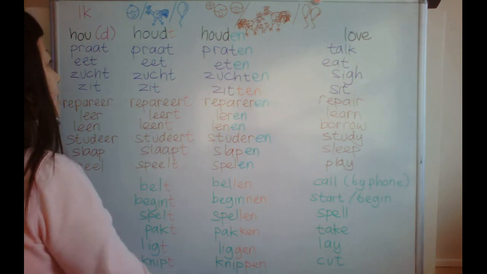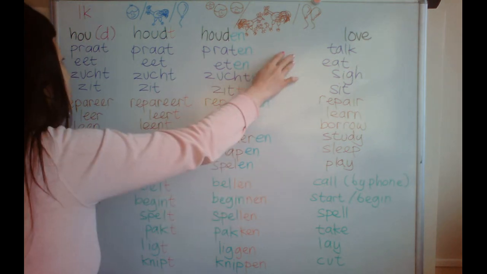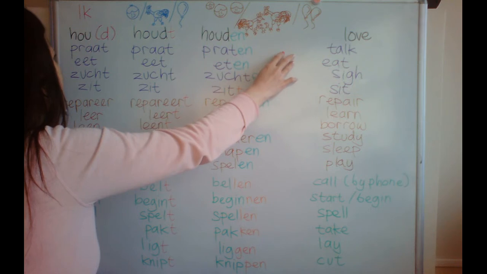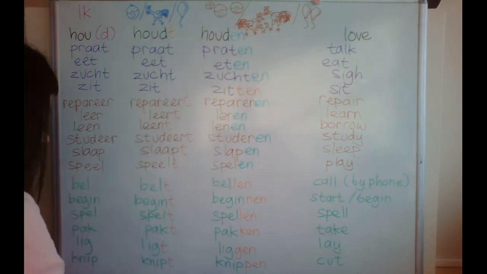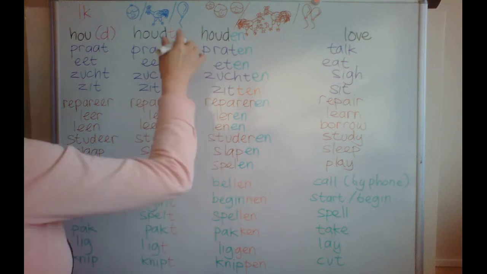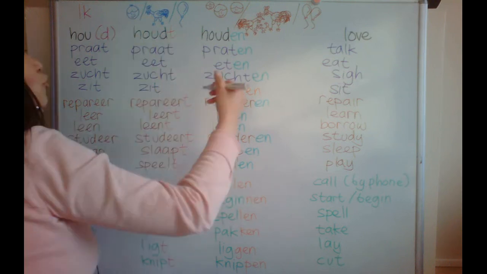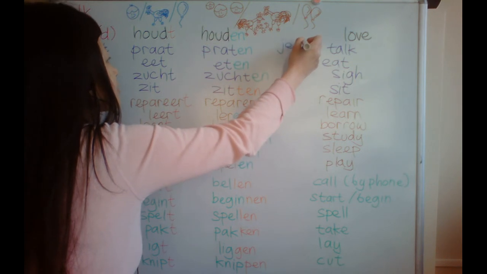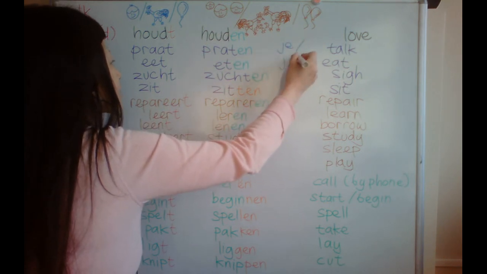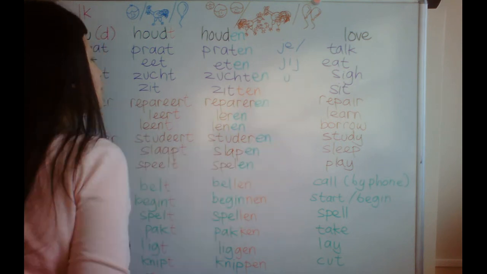I will write it here, sorry, because I don't have place here. I will write in blue. Subject that consists of one is je or jij or u.